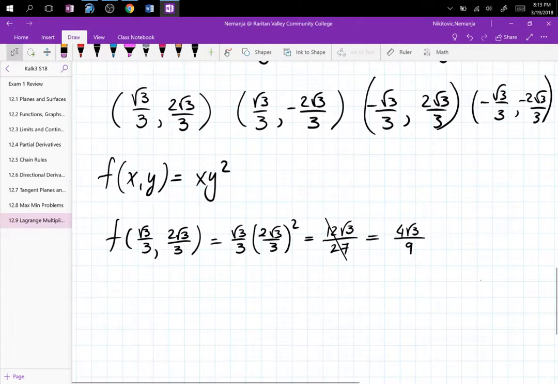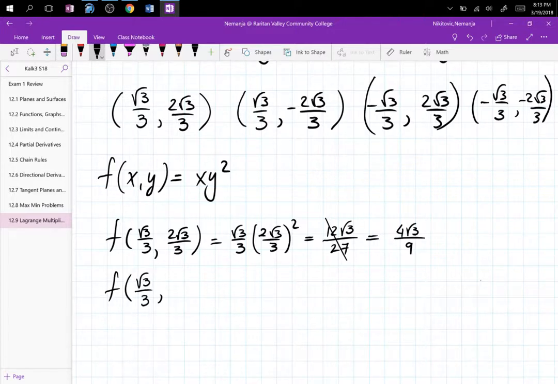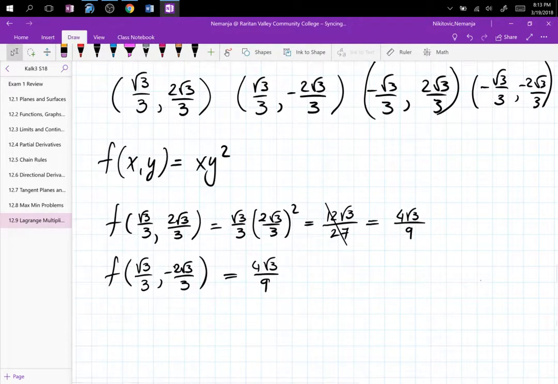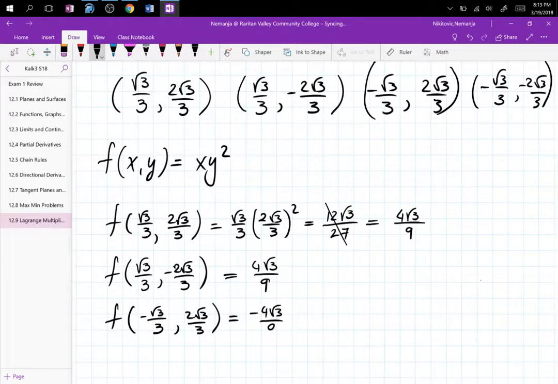Three to go. F of root 3 over 3 and negative 2 root 3 over 3. Well, when the negative goes there, we get the same value, because square kills it. Now we get different. Now we get a negative 4 root 3 over 9.